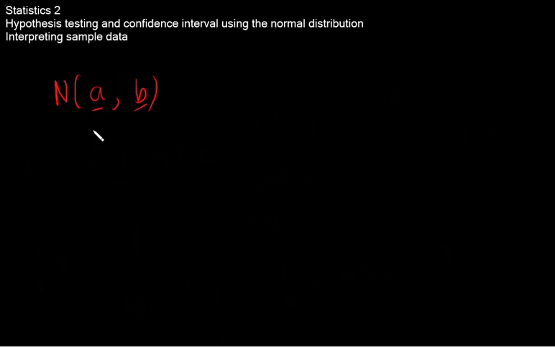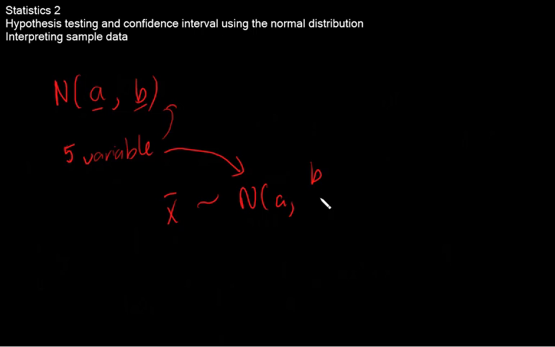If we take a sample of five variables from this and take the mean of them, then we will get a distribution of the mean that is a normal distribution of A and B over 5.